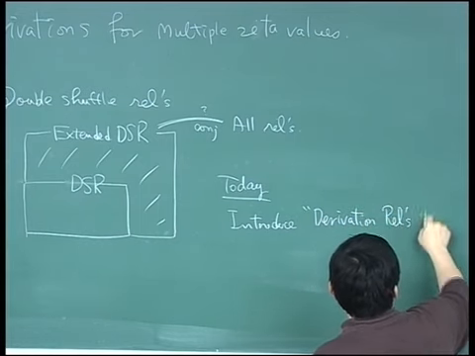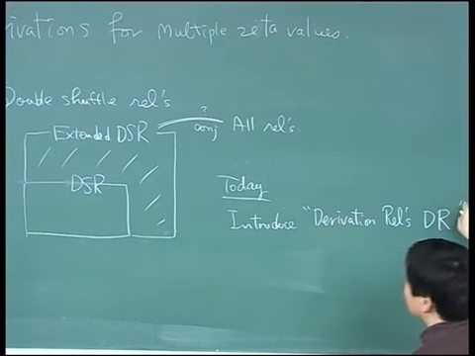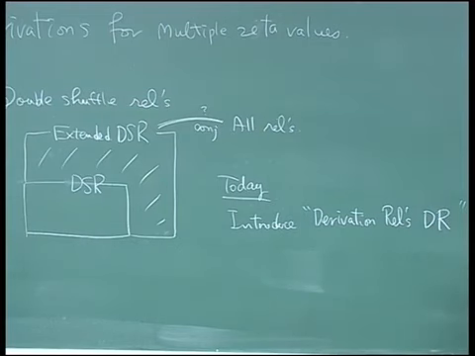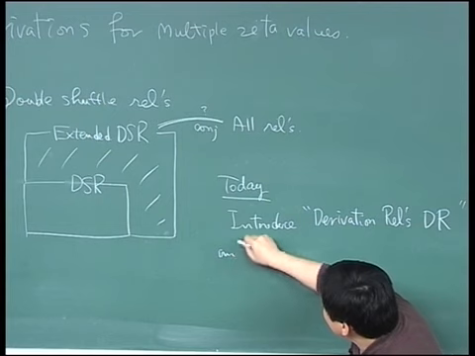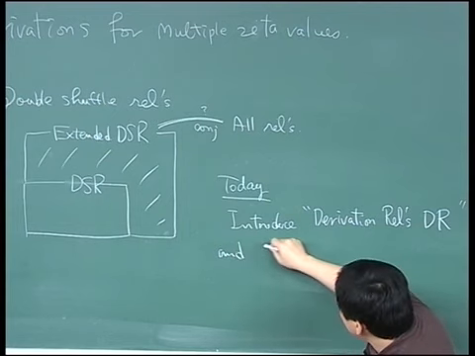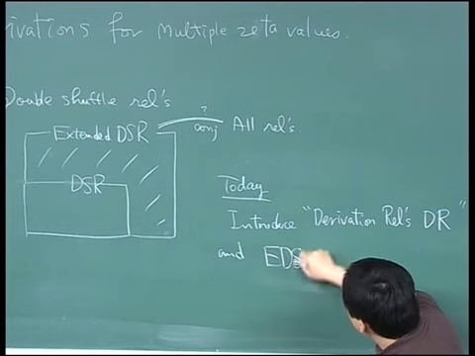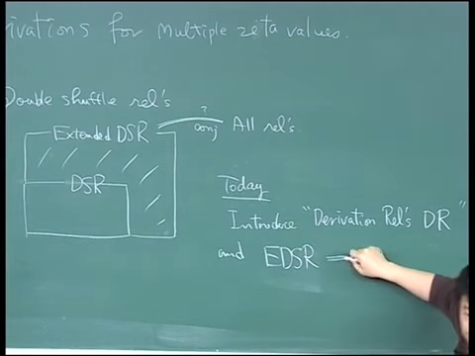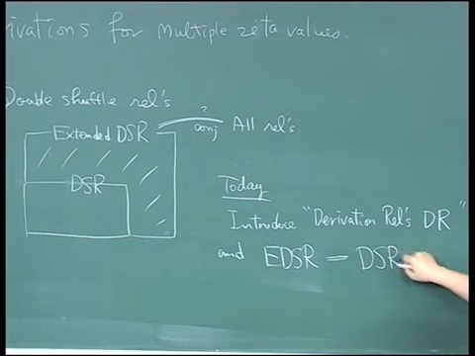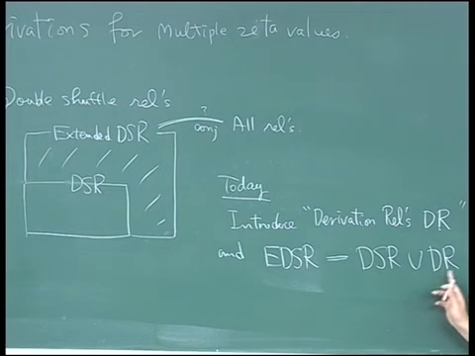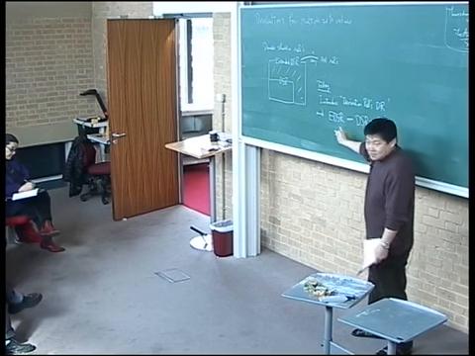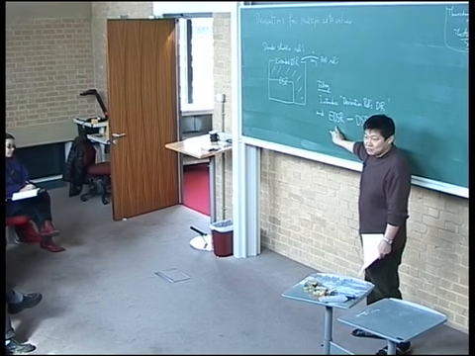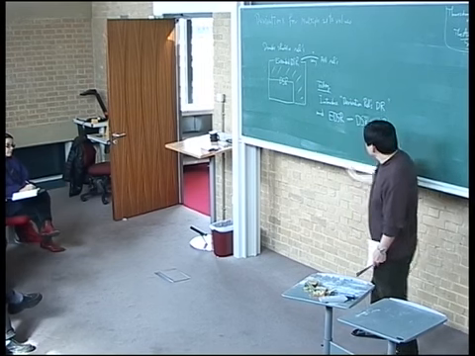We see the extended double shuffle relation is a union of the usual double shuffle relation and this new class, the derivation relation. So the derivation relation is contained in the extended double shuffle relation. First, we prove this one today.